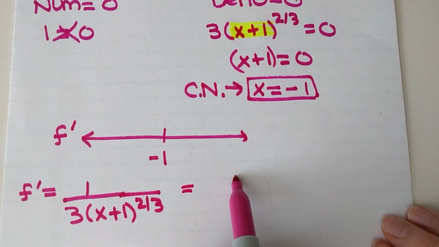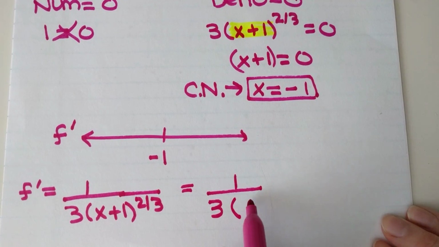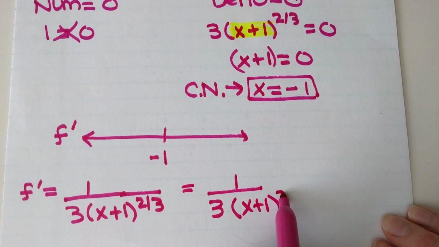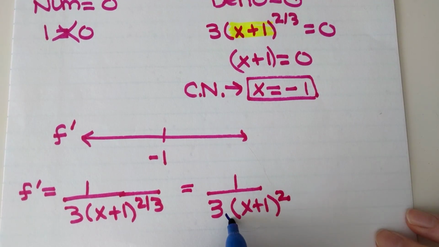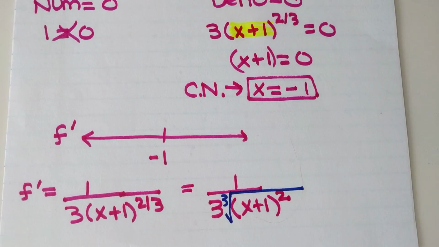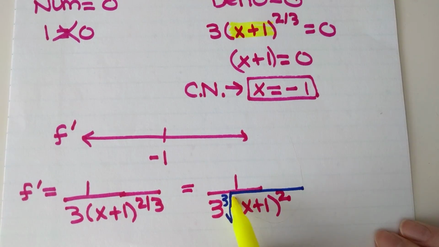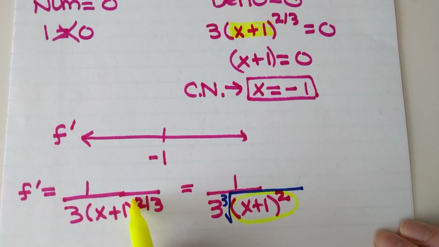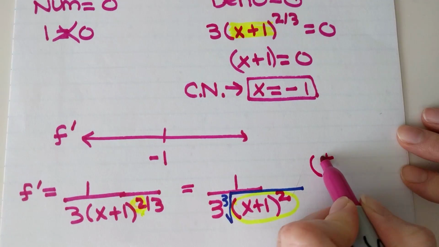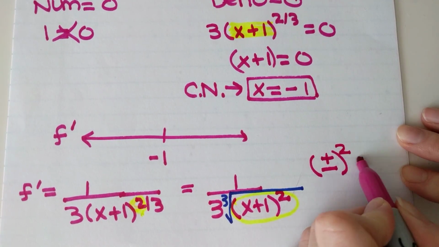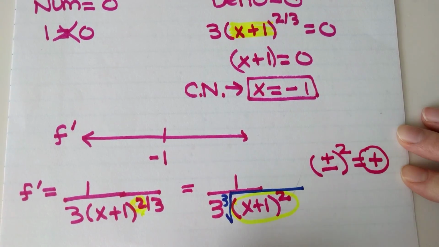This is the same thing as 1/3 x plus 1 to the 2nd power, and then raising that to the 1/3 is the cube root. But what really should stand out to you here is that you have a quantity squared, that even exponent. And whenever you have something squared, it doesn't matter if it's positive or negative, that squared expression will always be positive.